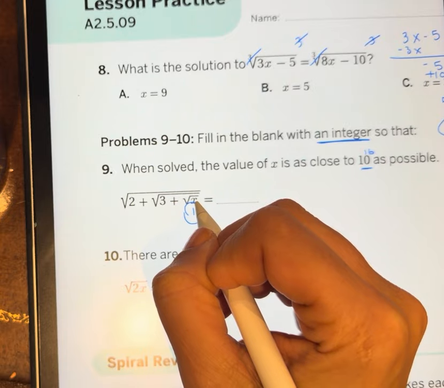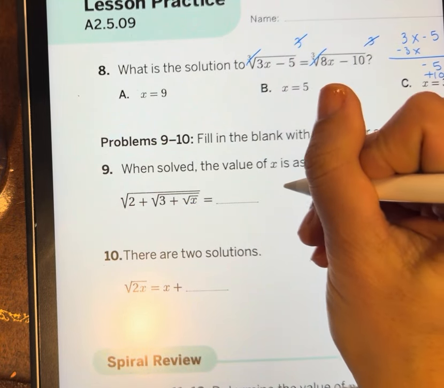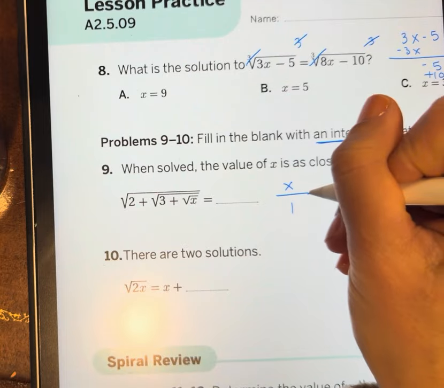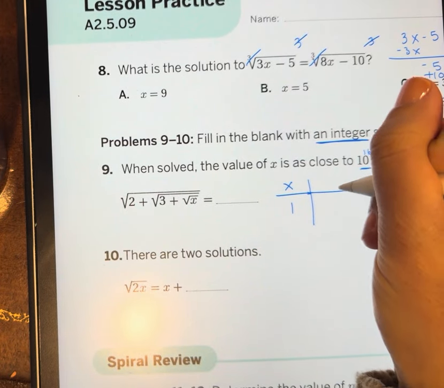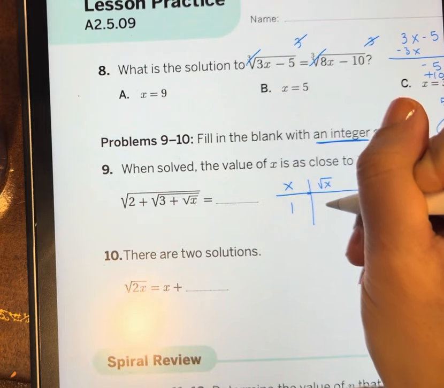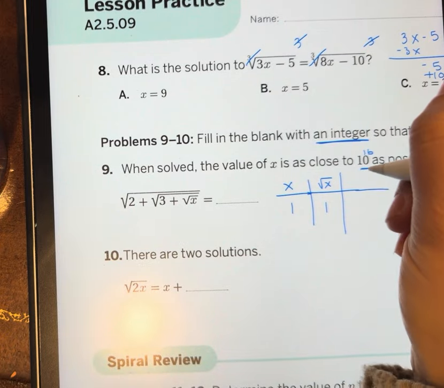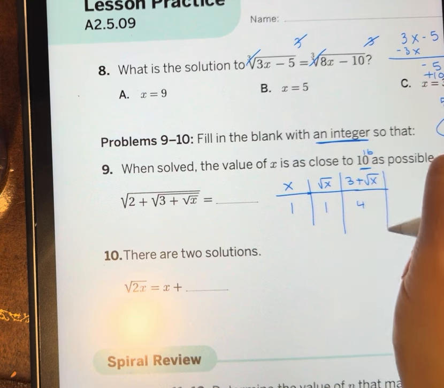Because if x is 1, then the square root of x would be 1. And then 3 plus that would be 4.